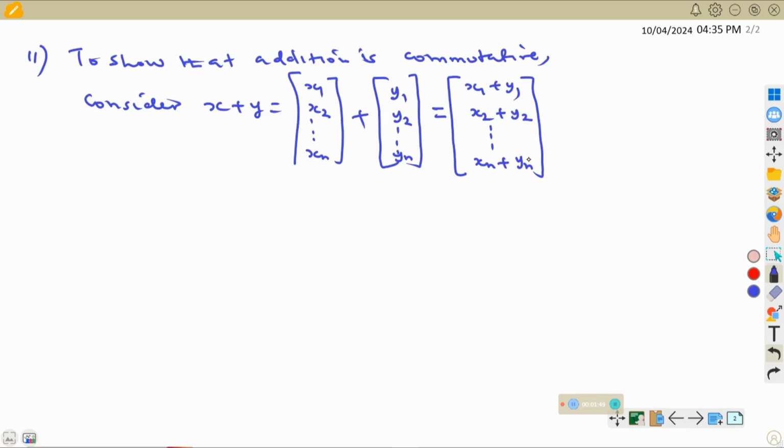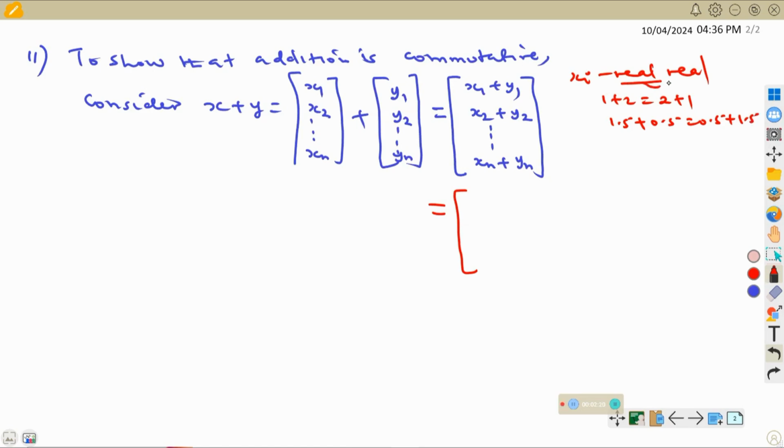Now, we can as well write this. Remember that x and y are real numbers. These xi's are real numbers. They are picked from a set of real numbers. But we also know that if, for example, you are adding two real numbers, if you have 1 plus 2, it is same as 2 plus 1. If you are dealing with 1.5 plus 0.5, it's same as 0.5 plus 1.5.